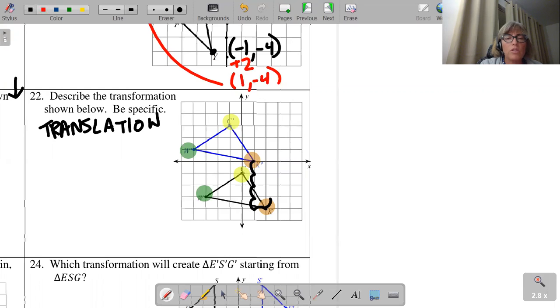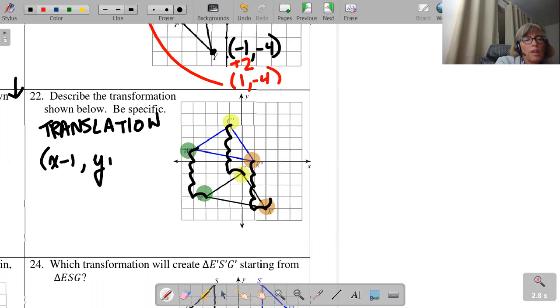Just check to see if that's true. 1 unit to the left, 4 units up. So your translation is going to be x -1, comma, y +4. That's your coordinate translation.